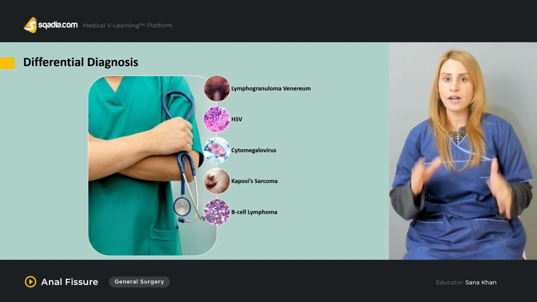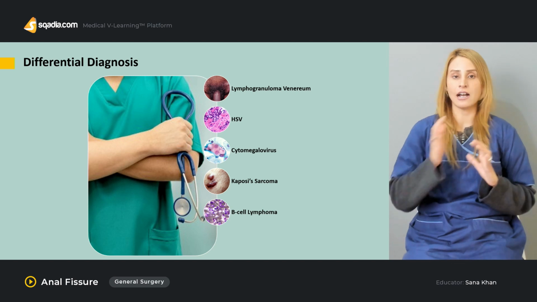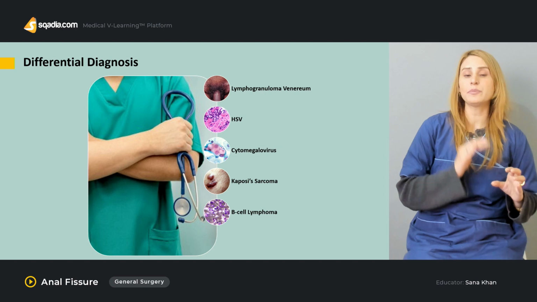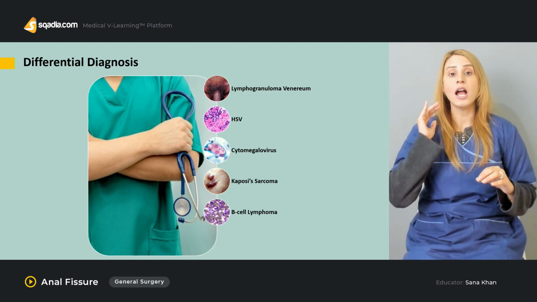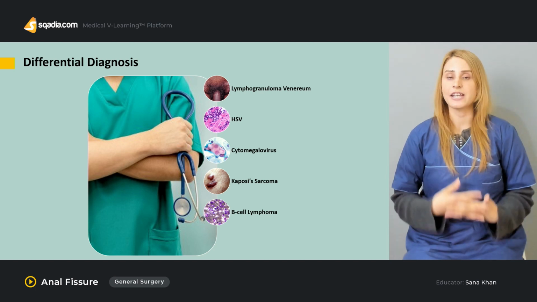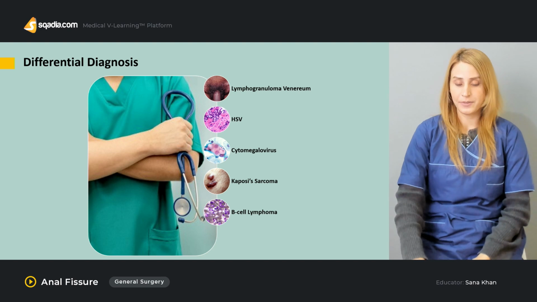So if you're encountering anterior anal fissures, don't think that it's unusual. It's rare in males, but it's not rare in females. So ask about the history of vaginal delivery, because these tears are very common after a vaginal delivery.